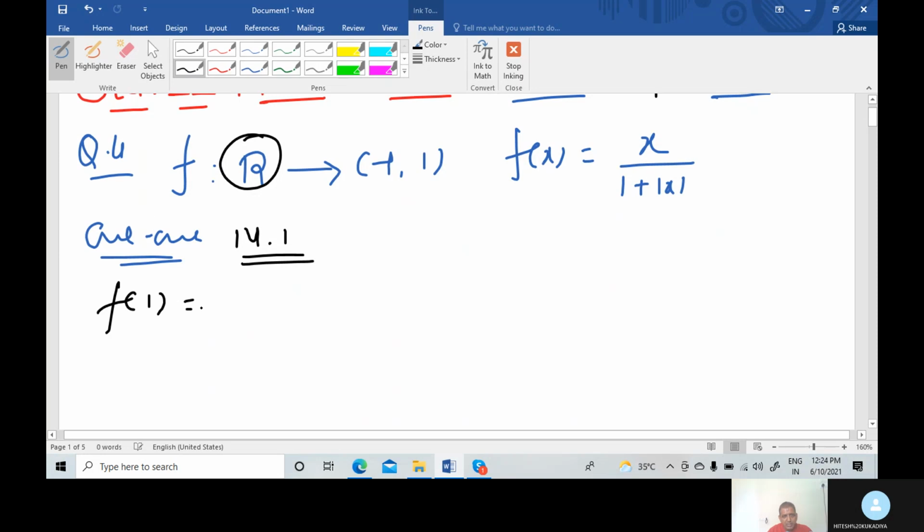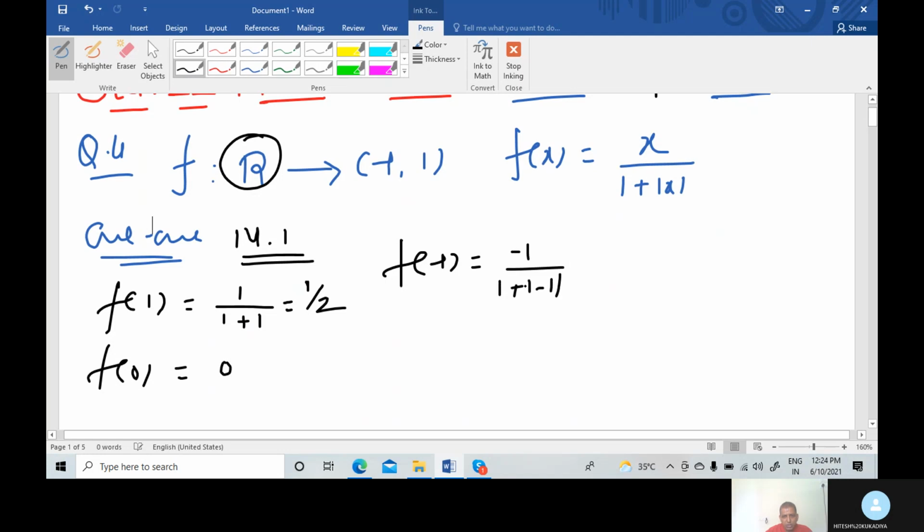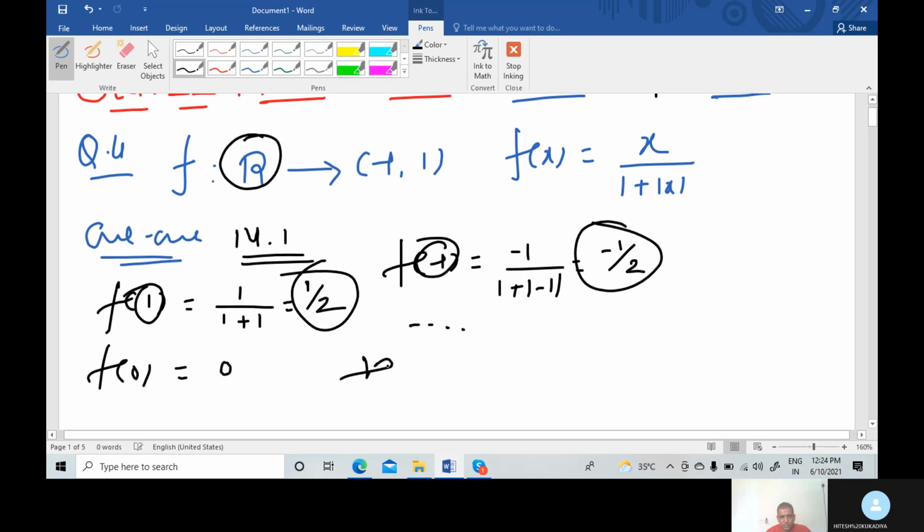Suppose we place x equal to 1, so 1 upon 1 plus 1, answer 1 by 2. Put 0, so answer will be 0. And here -1, so numerator -1, denominator modulus -1, so answer -1 upon 2, right? So here different values give different answers.